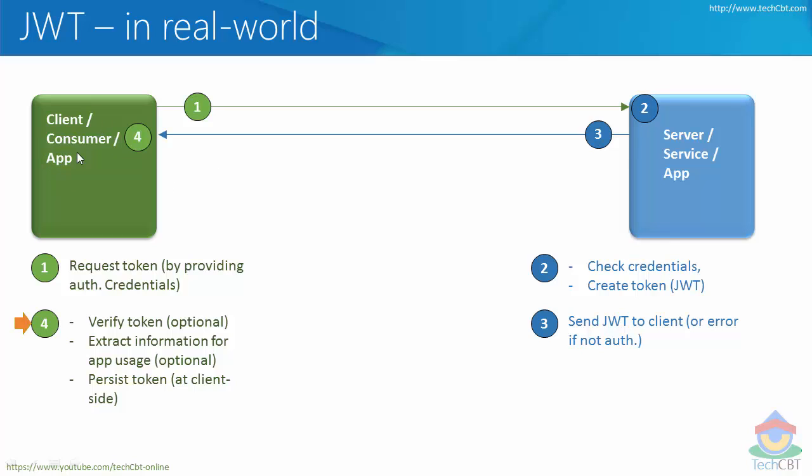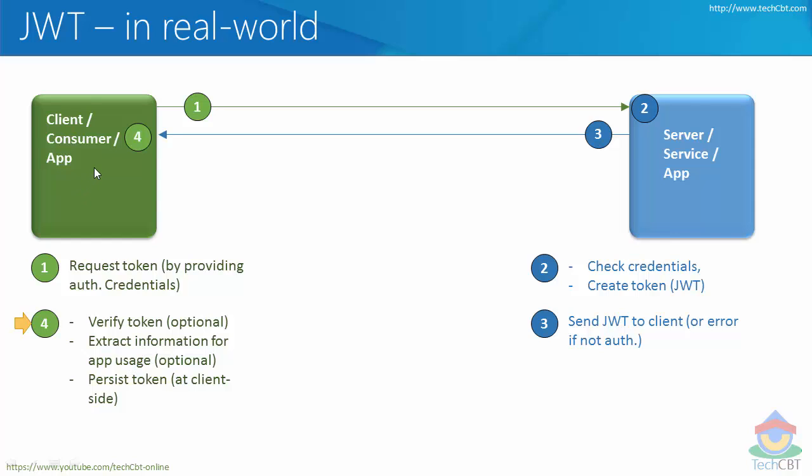So it is up to you whether you'd like to verify the token about its authenticity and tampered nature. It is better if you can verify the token at the client also, but again, it is optional and not everyone does.